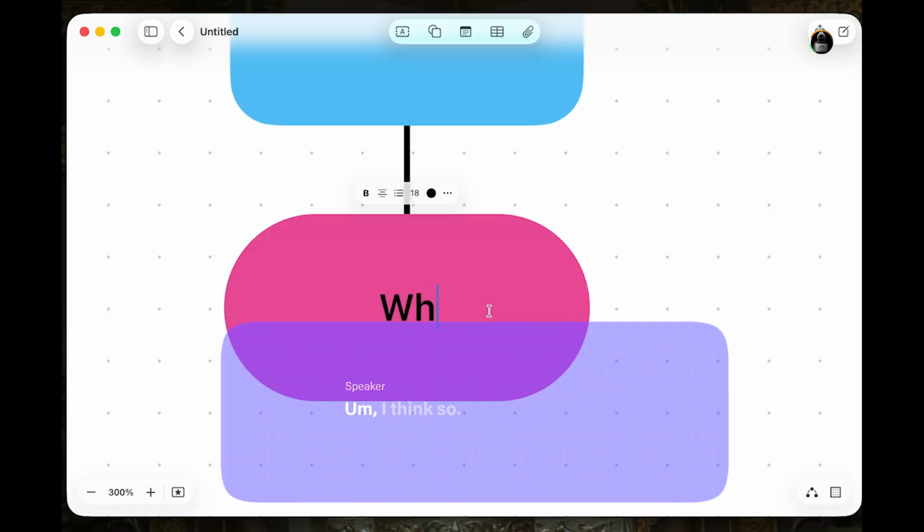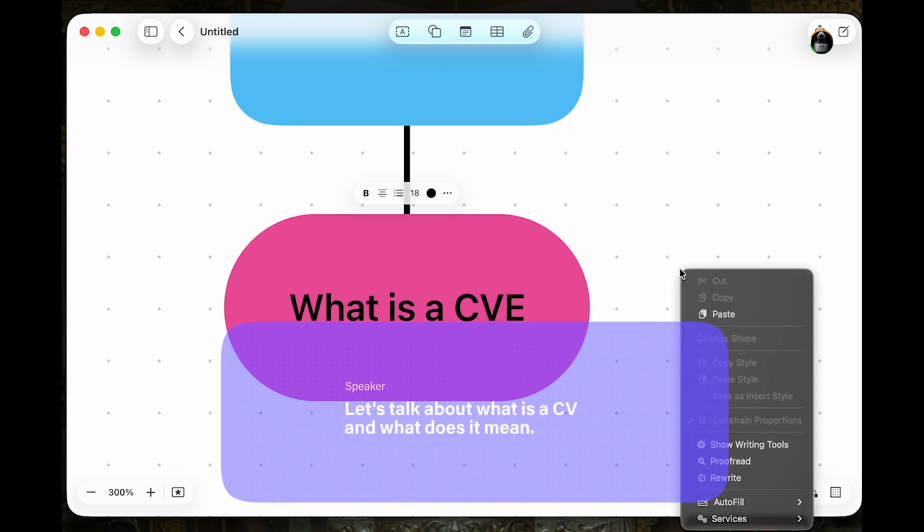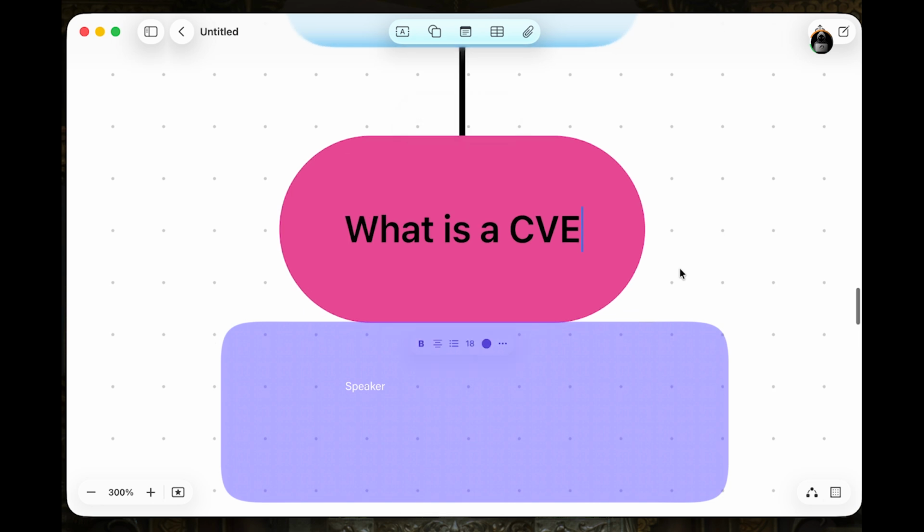First, let's talk about what a CVE is and what it means. A CVE is basically a public ID given to a real security vulnerability. Once a bug gets a CVE, it becomes part of the global security records. Companies, security teams, and scanners around the world use CVEs to track the risk and fix them.